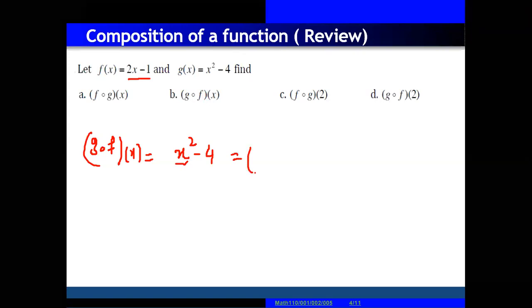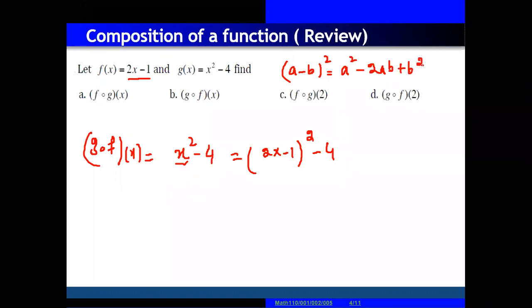So we have 2x minus 1 whole square, because we have a square here, and we have minus 4. Now we have the formula a minus b whole square, and you know that a minus b square is equal to a square minus 2ab plus b square.